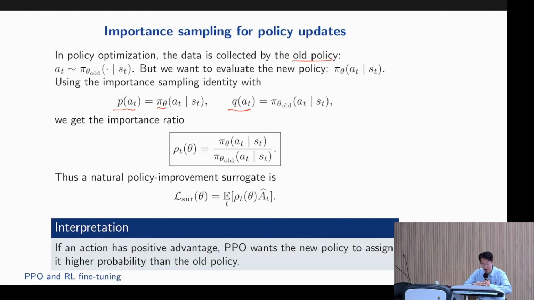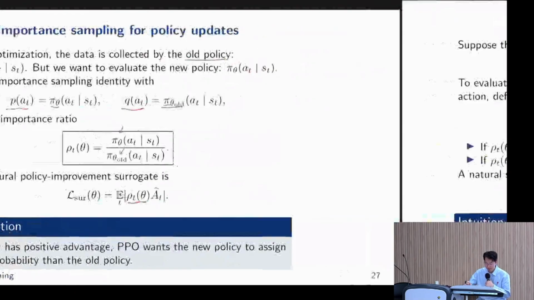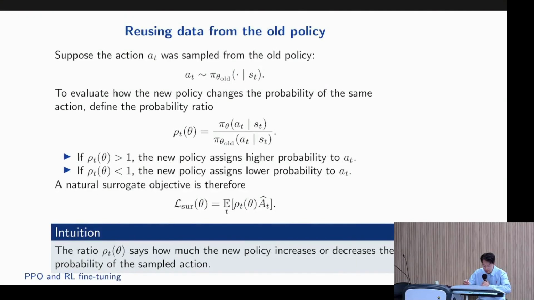Q, what we ended up sampling instead, was pi old. So the importance ratio here is pi theta over pi theta old. The natural policy improvement surrogate is the same thing, but weighted by this importance ratio. If this ratio is greater than 1, the policy assigns higher probability to the action. If it's less than 1, it assigns lower probability to the action.